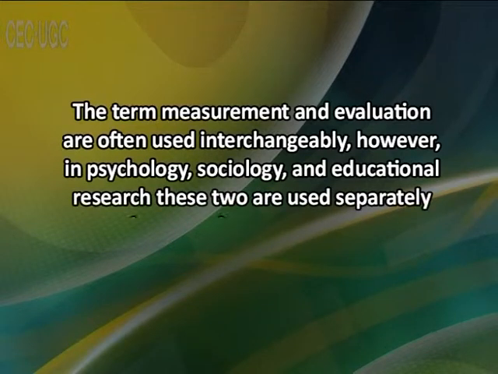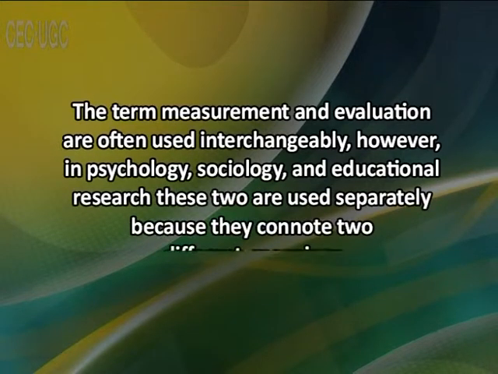However, in psychology, sociology, and educational researches, these two are used separately because they connote two different meanings. Measurement refers to the process of assigning numerals to events, objects, etc., according to certain rules.